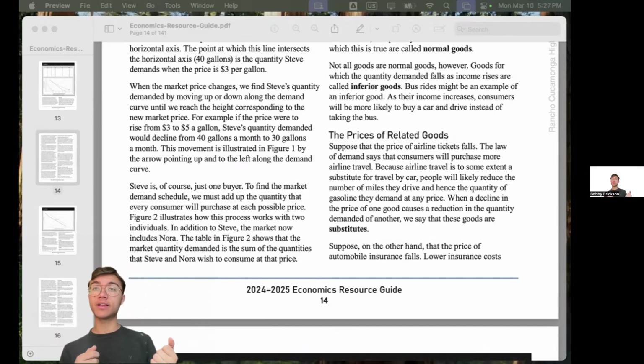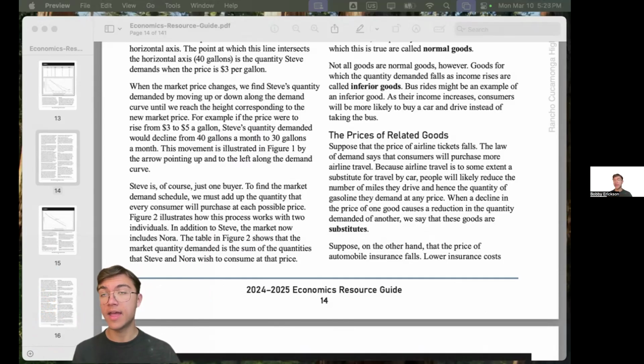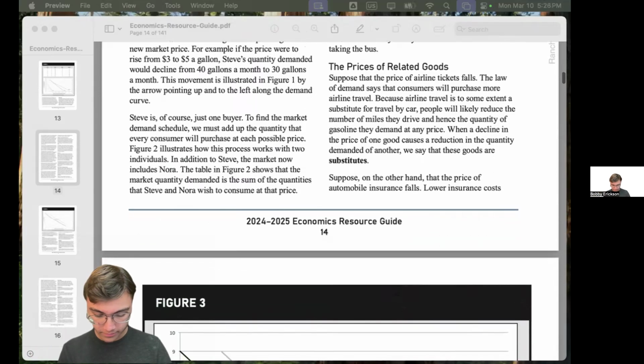If you have a loaf of bread and the price increases, then people buying bread are likely to shift over to buying tortillas instead. The price of bread is impacting the quantity demanded of tortillas. And so this would be a good example of a substitute.